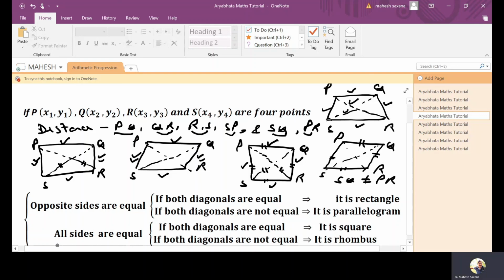Therefore, if all sides are equal and both diagonals are not equal, then it is a rhombus.